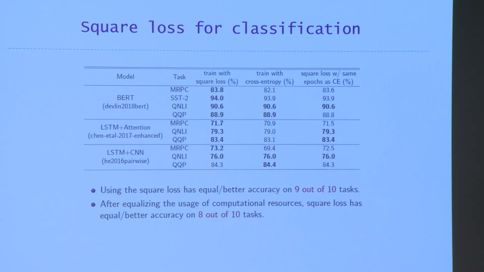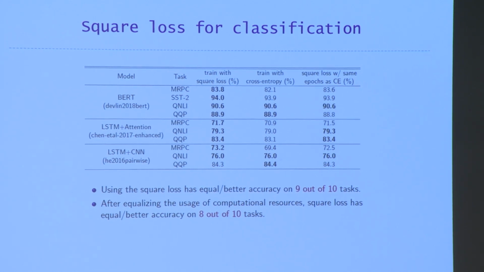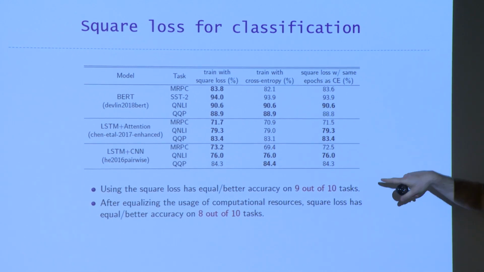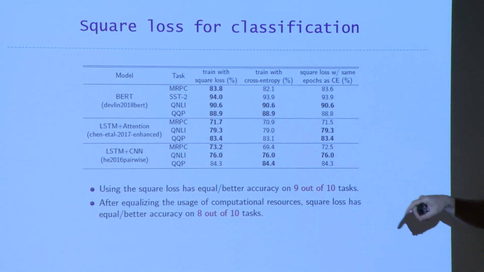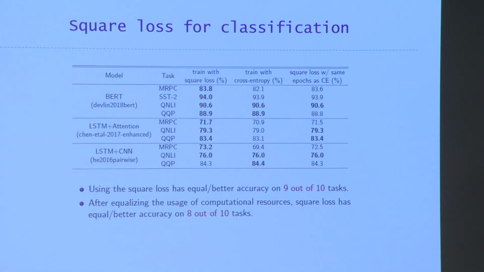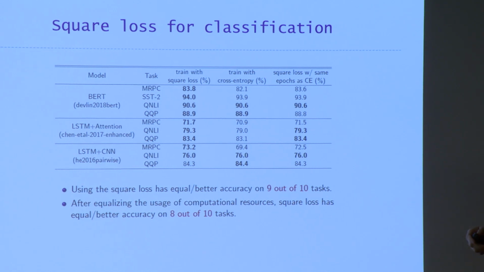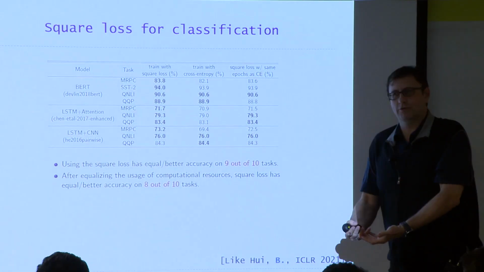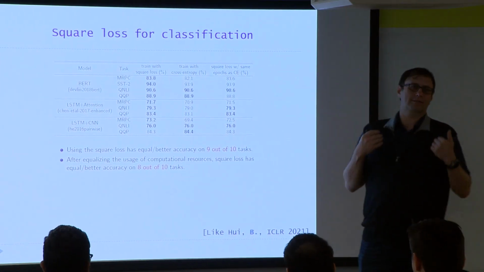And what you can see is that if you use square loss instead of cross entropy for classification, you actually get better results. OK, it's not hugely better, maybe by 0.5% or something. But at the very least, there is this kind of conception that you are supposed to use cross entropy for classification and square loss for regression.